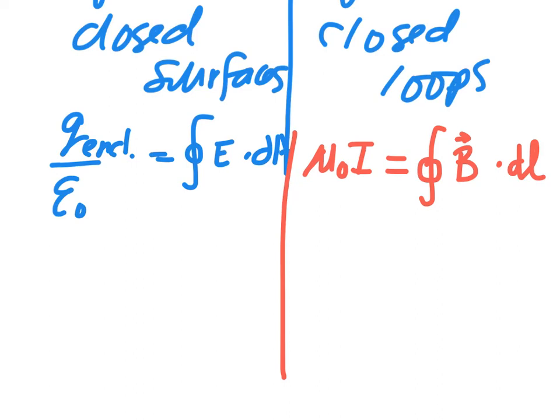So you can see how similar they are. This has the vacuum permittivity, vacuum permeability. Here we have charge, here we have current. Strength of electric field, strength of magnetic field. This is the surface differential, the path differential.